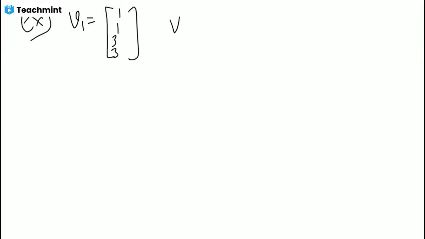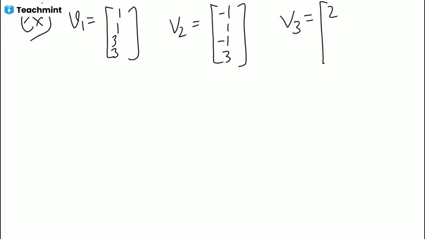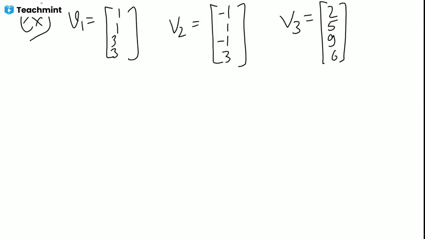Example: if we have v1 as the vector 1, 1, 3, 3, v2 as minus 1, 1, minus 1, 3, and v3 as 2, 5, 9, 6.